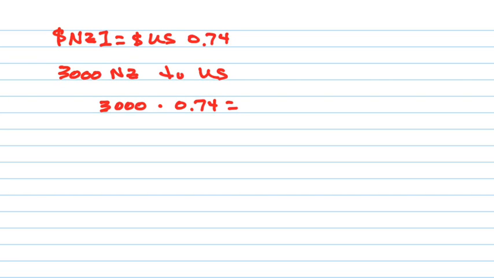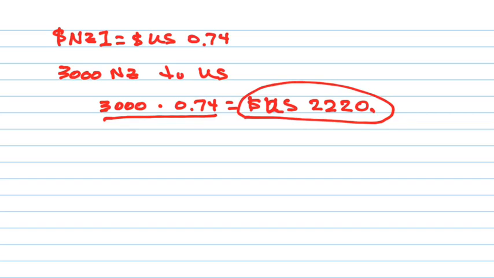And somebody want to do the math for me? Gives us US $2220. Yeah, all we did was multiply those two things together. Two things, though. Look at how I've written that. US dollars has the dollar symbol and US.